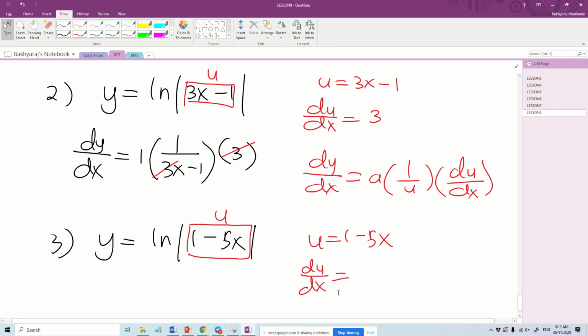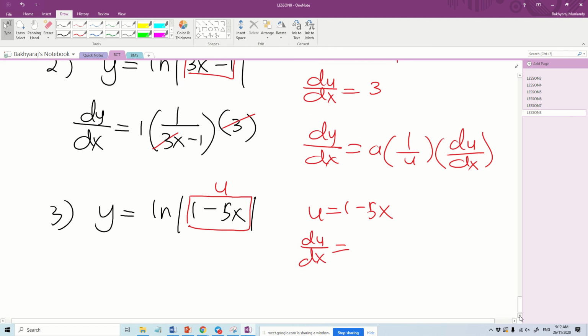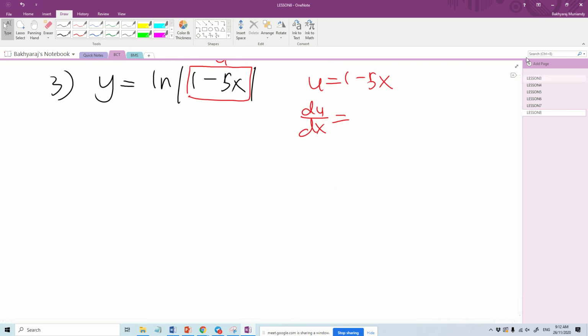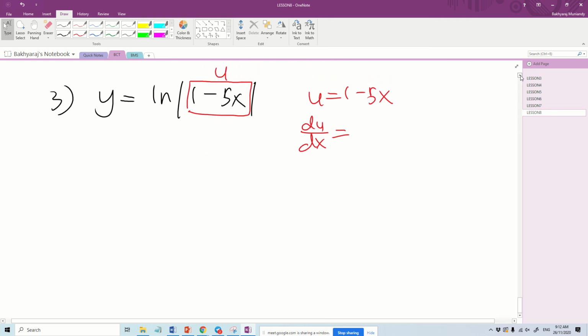And of course, you know the formula. The formula is dy dx equal a dot 1 over u dot du dx.